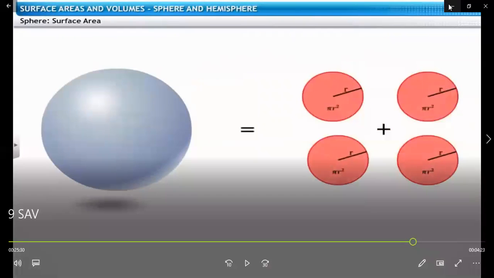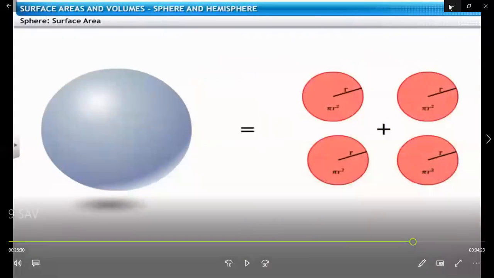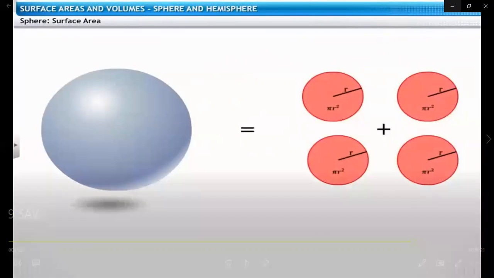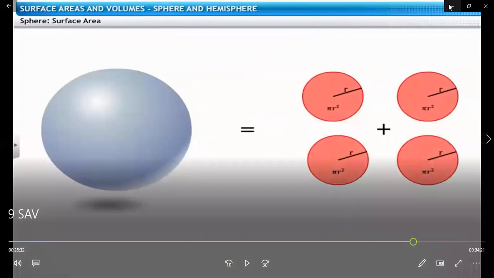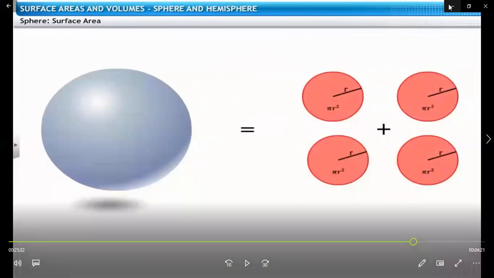We can understand this with one more example. For example, let us take four different circles, four identical circles in which the radius of each circle is r. If you add the area of all these circles, the area of one circle is pi r square. So basically, the surface area of one sphere is equal to 4 times the area of a circle having the same radius.